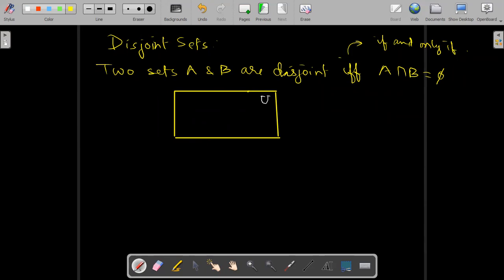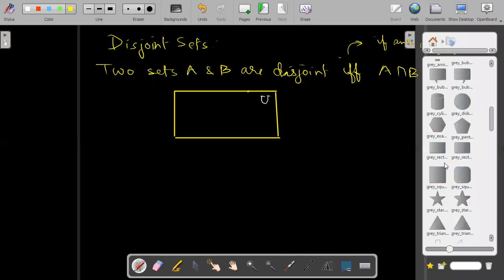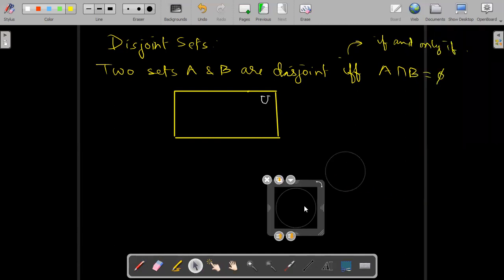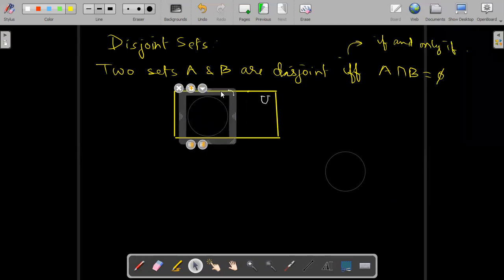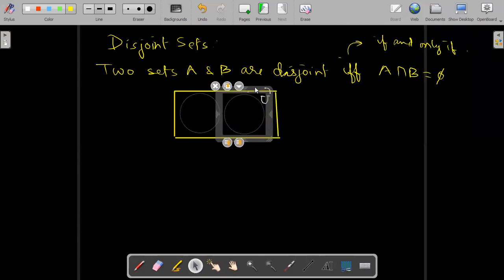Then two sets: set one we can draw anywhere, and set two we can draw anywhere, but they should not have any common portion. So this is the Venn diagram of disjoint sets.